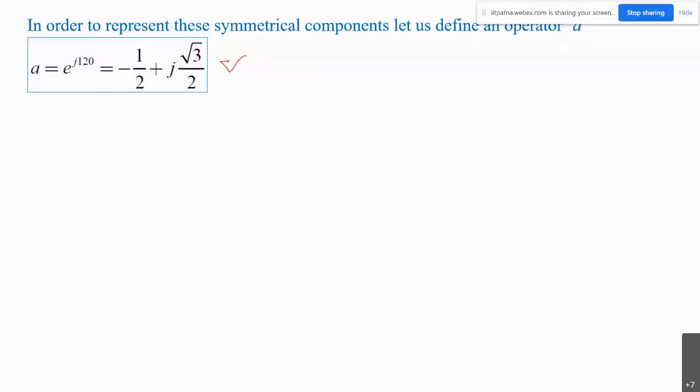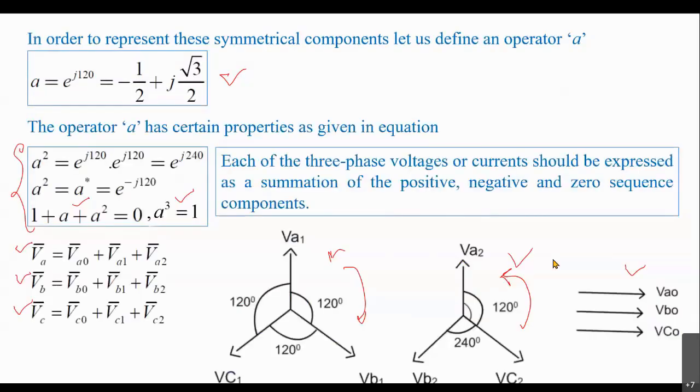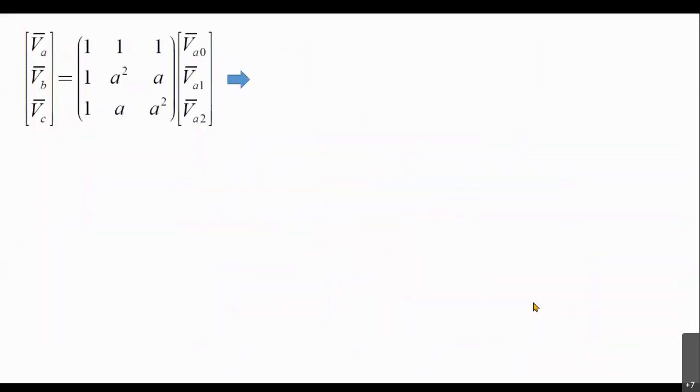Then there is the zero sequence. You can see this in the figures. Now I am showing the representation of unsymmetrical voltages using the symmetrical components.